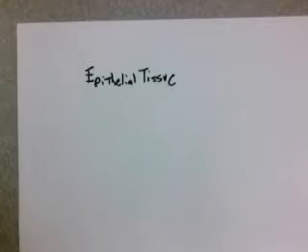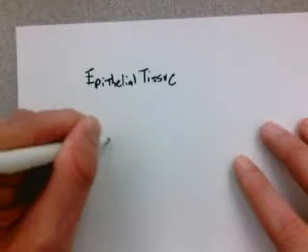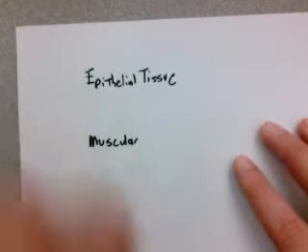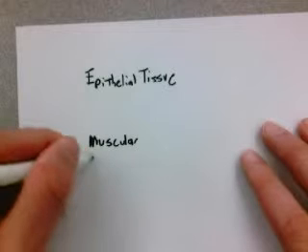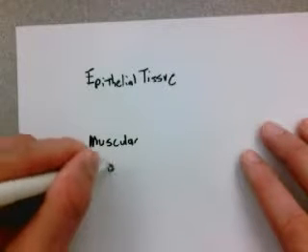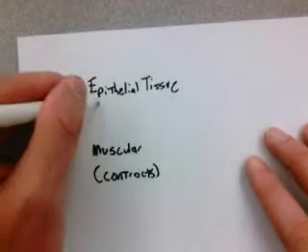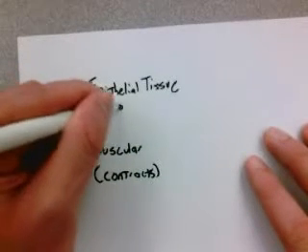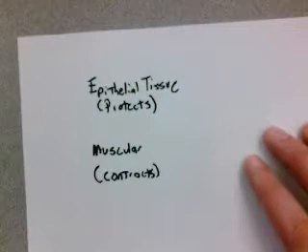The second type that we have is muscular tissue. Its major job, if we have one word to describe it, is that it contracts. Epithelial tissue, we gave the function of protection, but it also does a variety of other things.